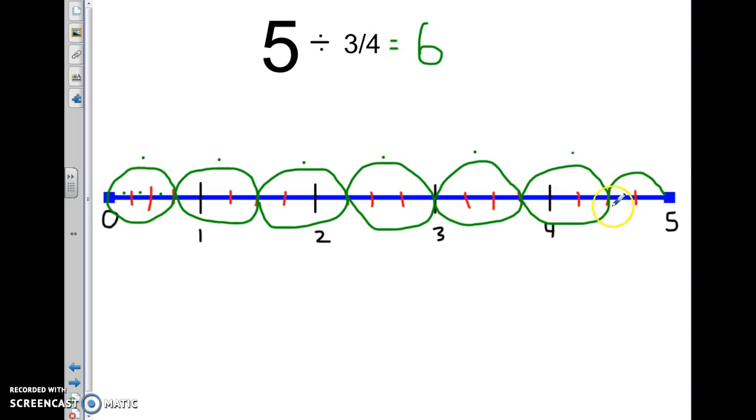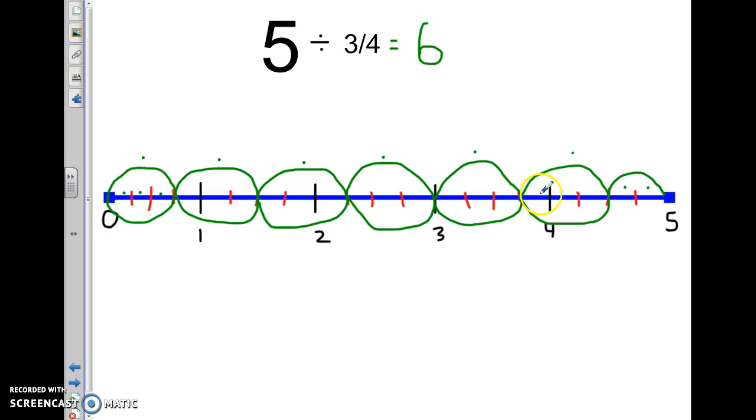But then I also have this amount. Now this isn't a group of 3/4, right? But it's something. It's sitting there. It counts as something, so we have to figure out what this bit here represents. I have 1/4 here and 1/4 here, so there are 2/4, right? There are 2 little sections.